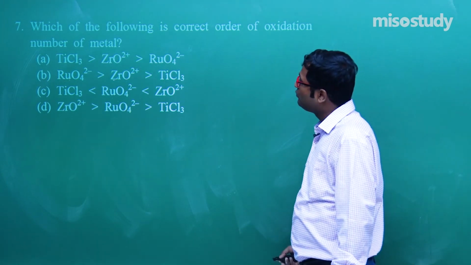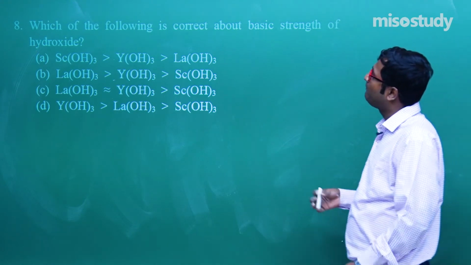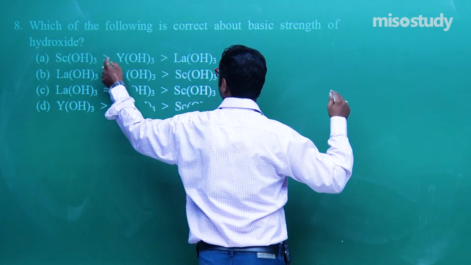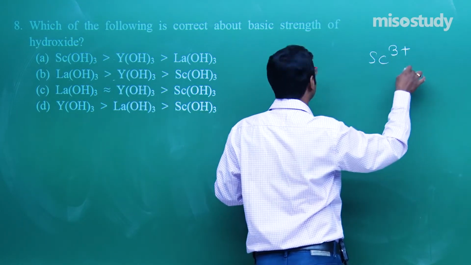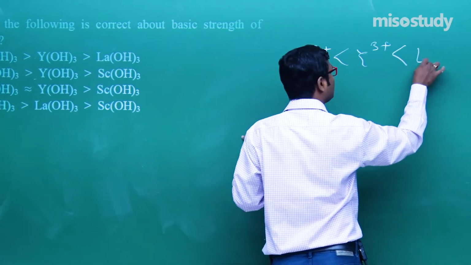Now let's move to question number 8. Which of the following is the correct order of basic strength? As we know, if I talk about scandium, yttrium and lanthanum, the oxidation state is +3.